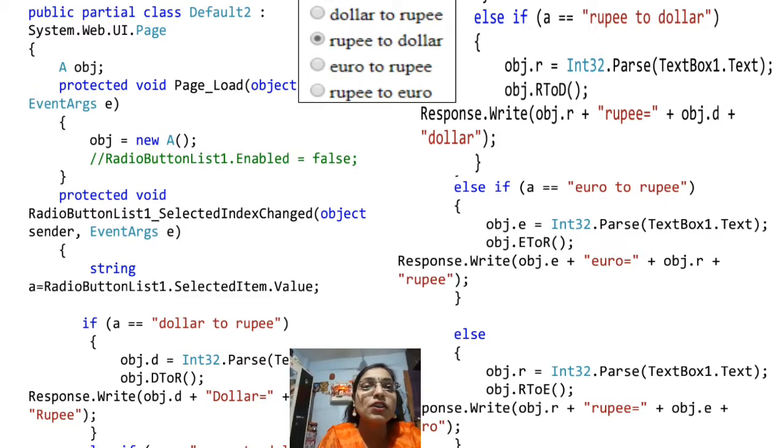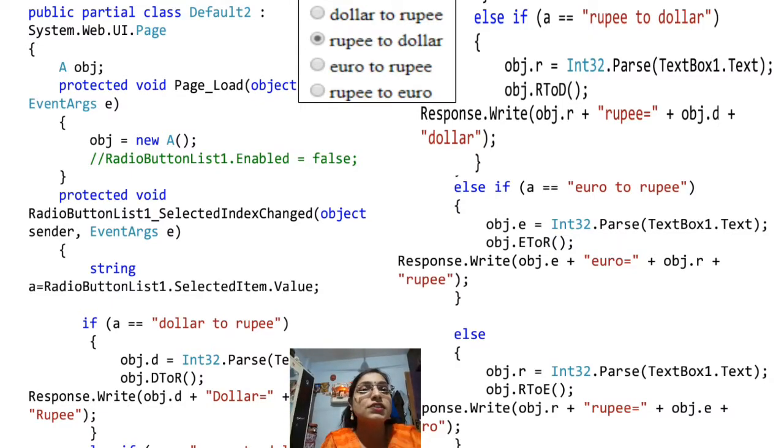TextBox1.Text means whatever value we have entered in text box 1, that we will get. We are not directly storing that value into D, because as we all know, in any programming language, whenever you enter or put an input, it is always in the form of a string, and the D variable is of double type, right?